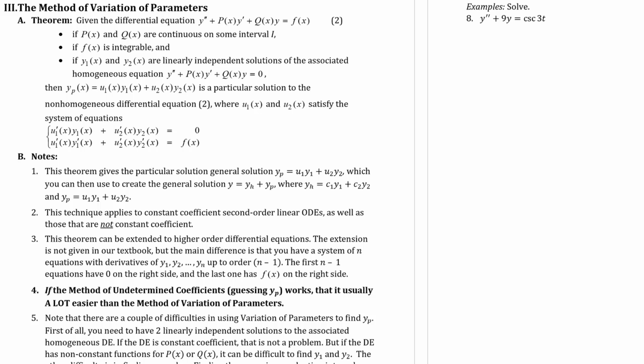First of all, there's a theorem here, and we want to pay attention to what kind of differential equation this theorem is about. There are several important things here. One, this is a second order, linear, ordinary differential equation. It is written in the form where the lead coefficient is 1.